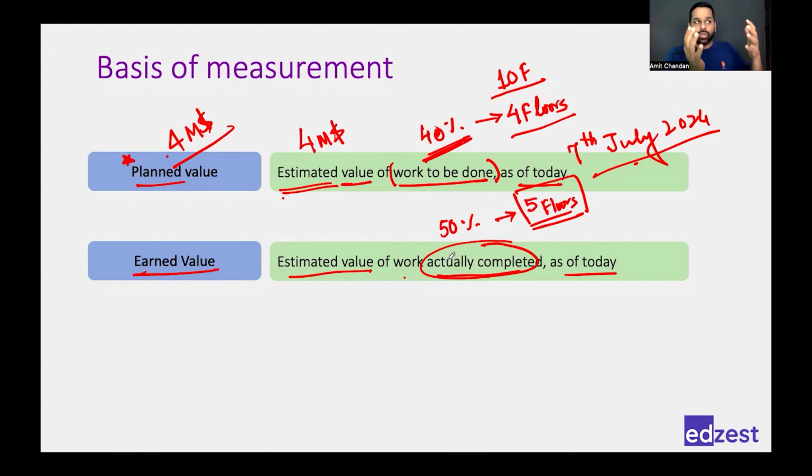You created the budget. So you will look at that and you will see, okay, in completing the 5 floors, what was my plan? How much should we have spent? So that plan, let's say, for example, for simplicity of discussion, it was $5 million. Right? So that $5 million becomes your earned value.